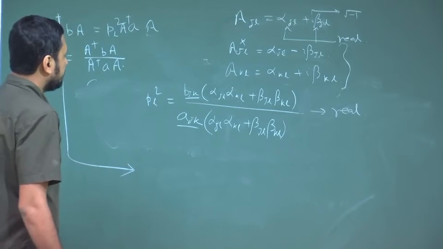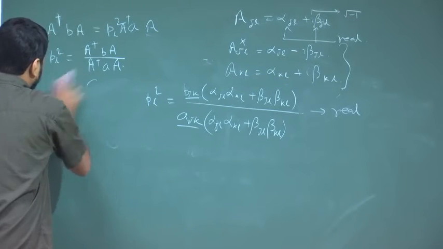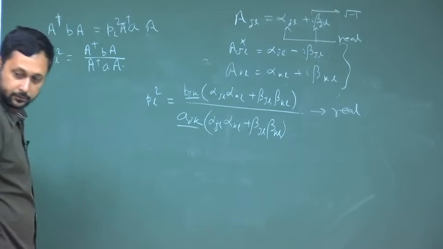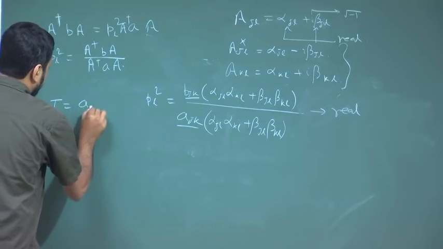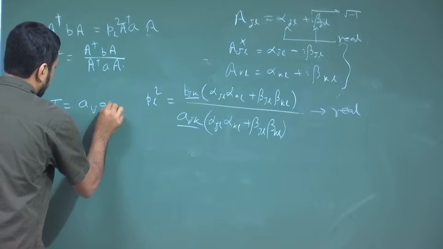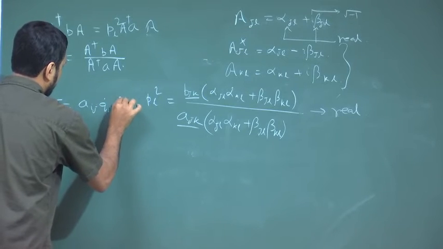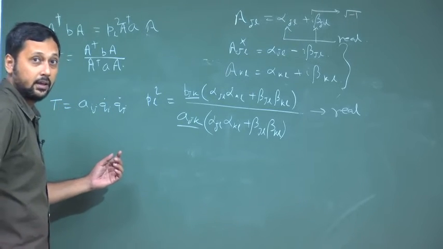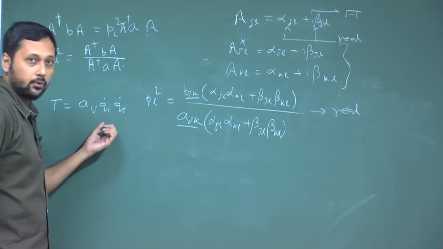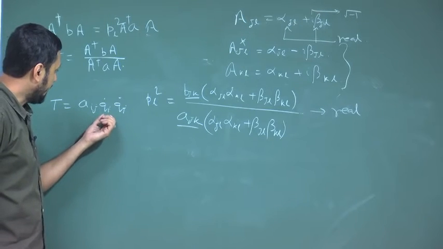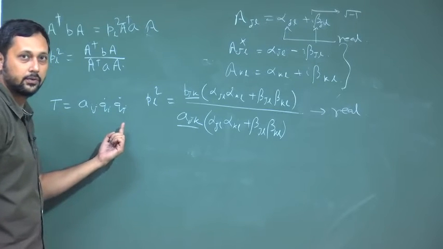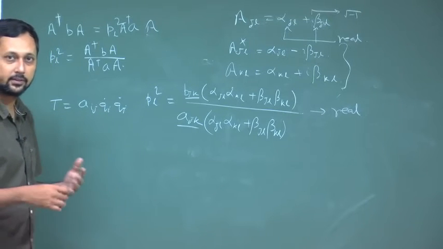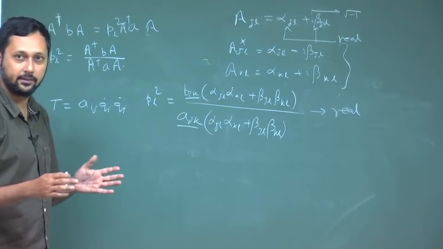Also, if you look at it, kinetic energy T is equal to A_ij Q_i dot Q_j dot. But once again we are dealing with quantities, I mean Q_i's are combinations of certain number of A_i's, amplitudes.